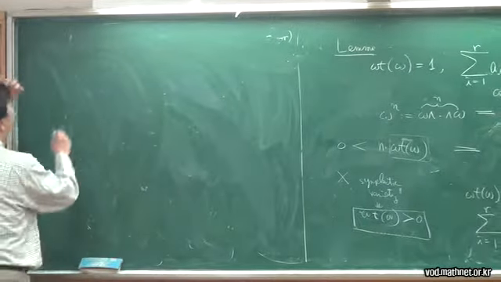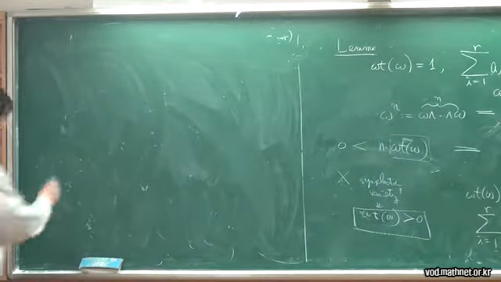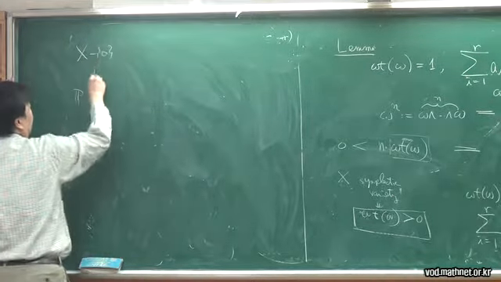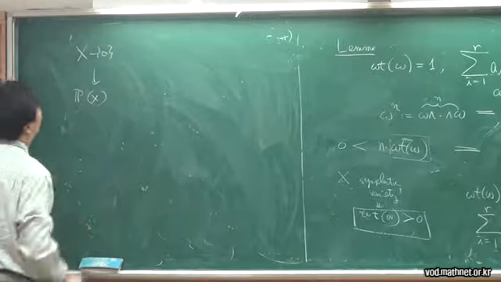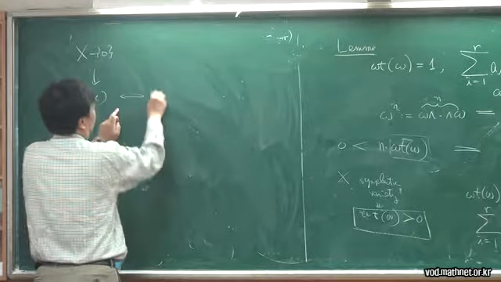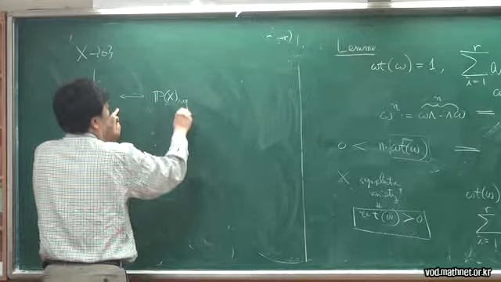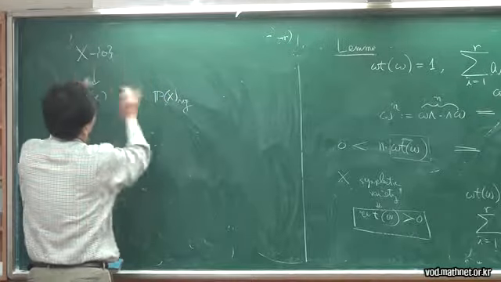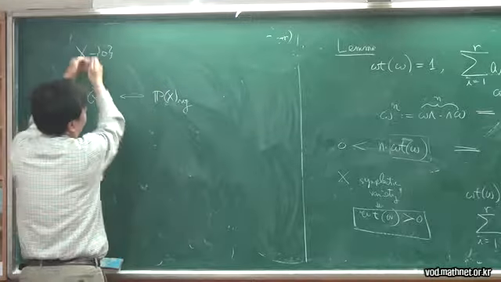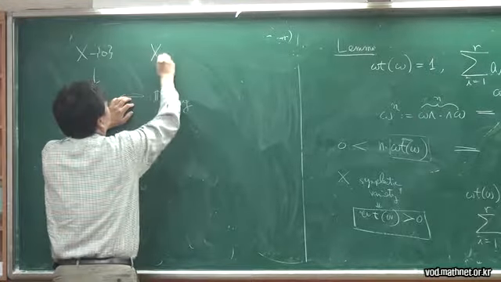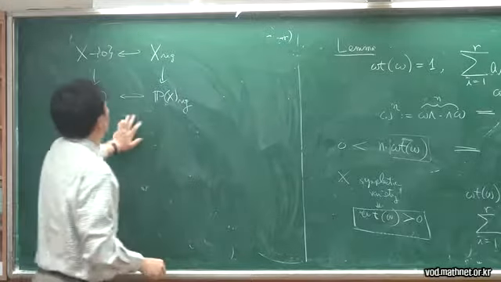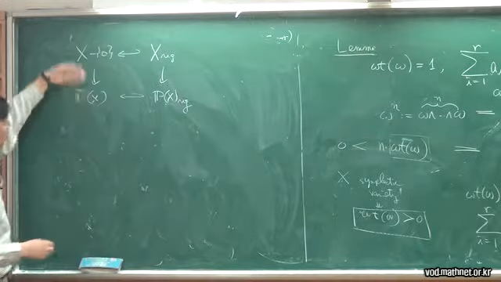And here you have a natural map from the C-star bundle to PX, and restrict it to the regular locus of this variety. Then the restriction of this C-star bundle is nothing but the regular part of X. And of course, this is the canonical projection.